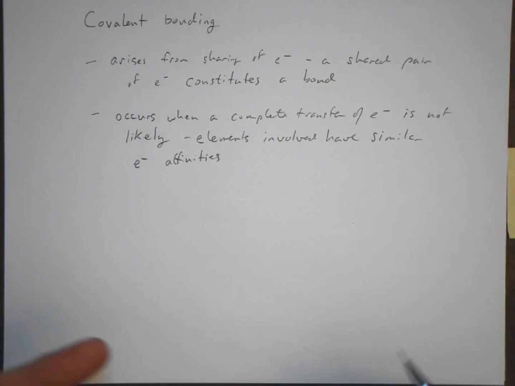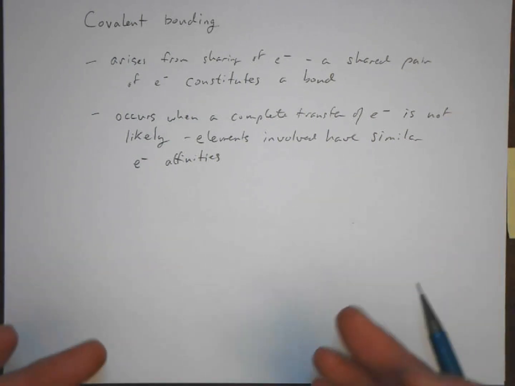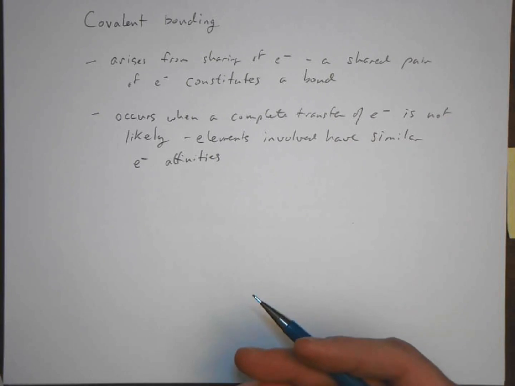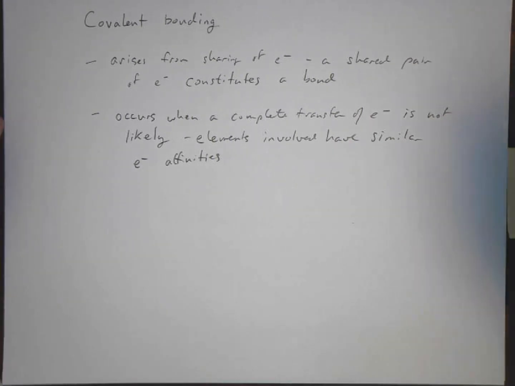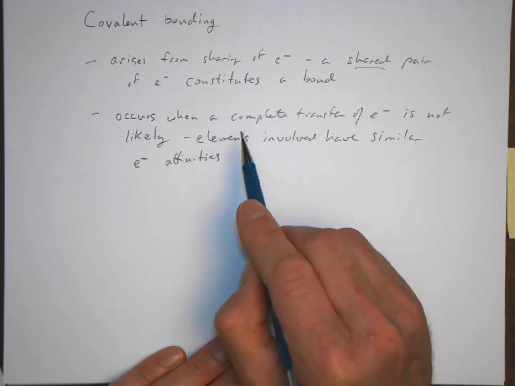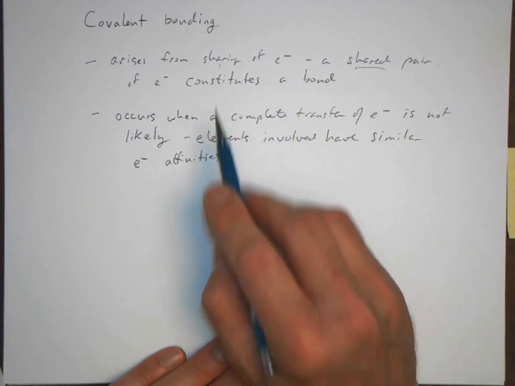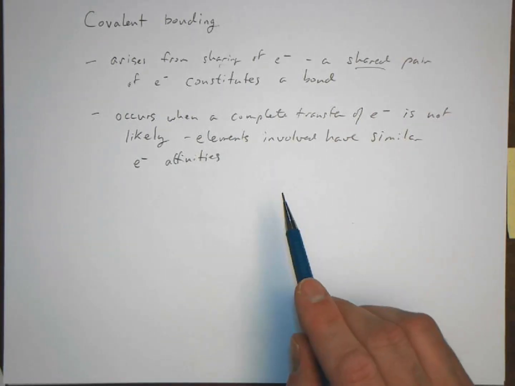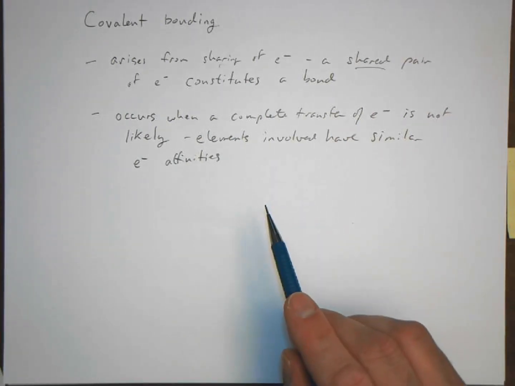So we have an atom achieving its noble gas configuration, much like what we saw with ionic bonding, but we're going to do it by sharing electrons. Sharing a pair of electrons constitutes a bond, and that sharing is happening rather than a complete transfer because the things involved have similar electron affinities.